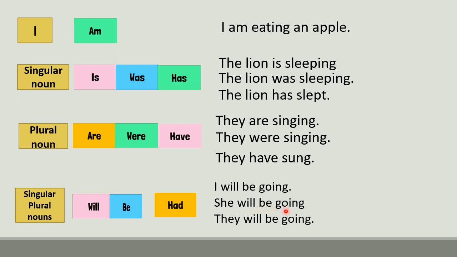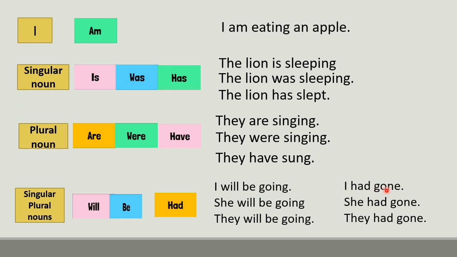You can use will be going. Now they will be going. They means many. It's a plural word. So you can write will be also for a singular as well as a plural word. The word going is an action word and will be is a helping verb. It helps the action word.